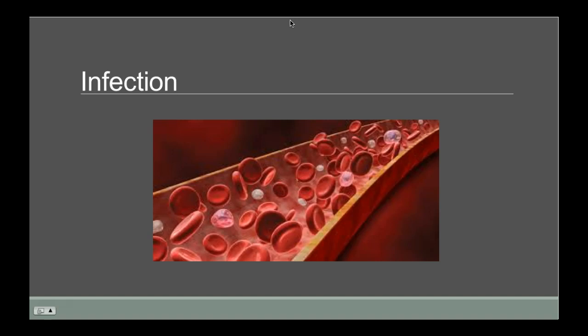Diabetic patients are also prone to infection, and the reason behind this is that there is decreased blood flow throughout the body, and the white blood cells are unable to mobilize to fight off that infection. There's also a defect in the mobilization of inflammatory cells, and impaired phagocytosis, which causes infection to spread.